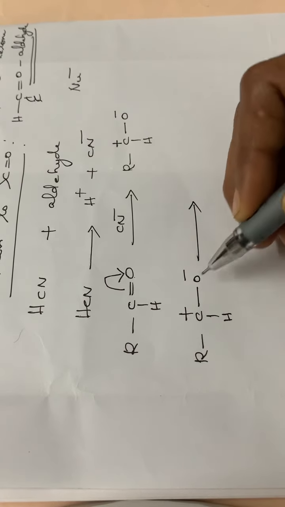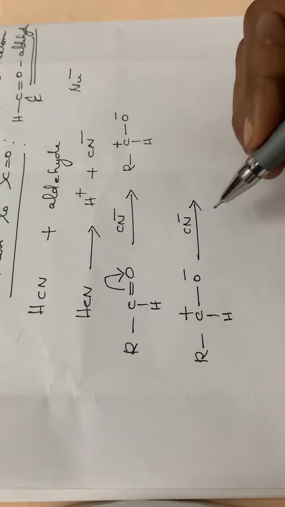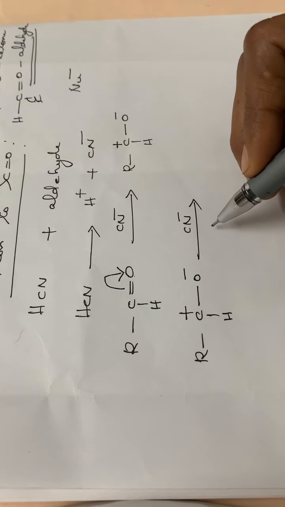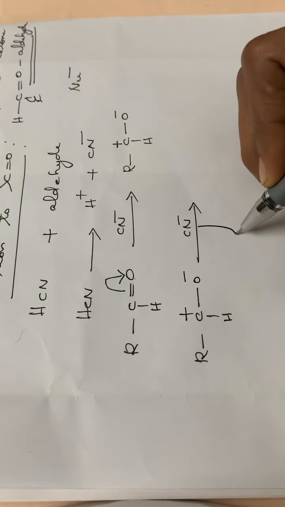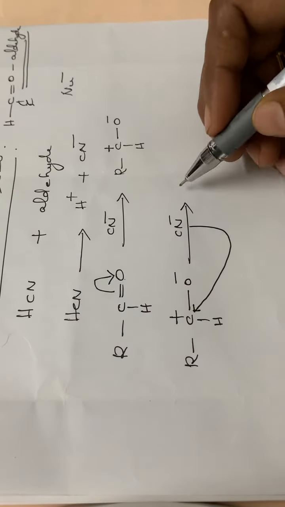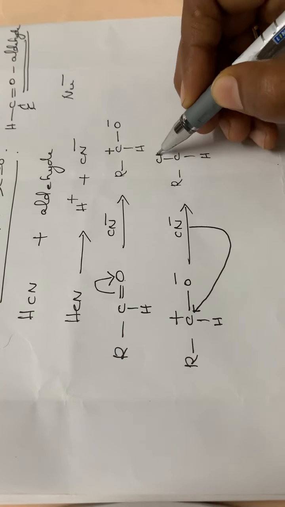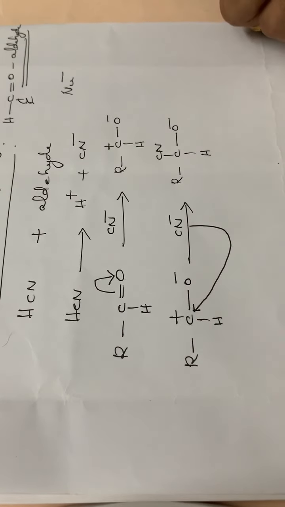Then in the next step, to this species, RCH plus single bond O minus, this CN minus will be added. CN minus has a negative charge, so the negatively charged species will move to a positively charged species. So we will have RCH, then CN, then O minus. The CN minus will be attacking this carbon atom.